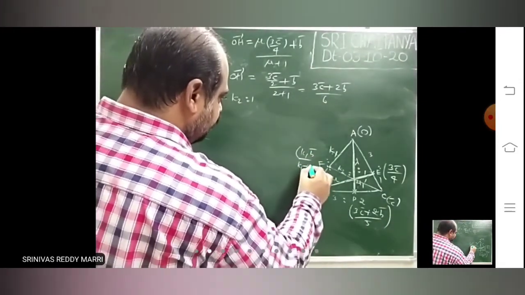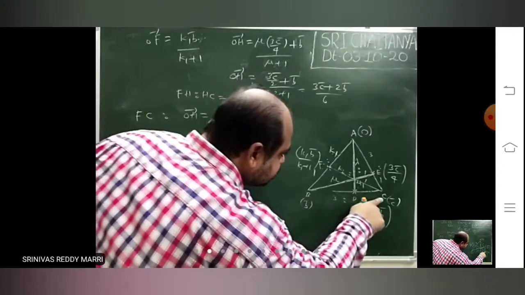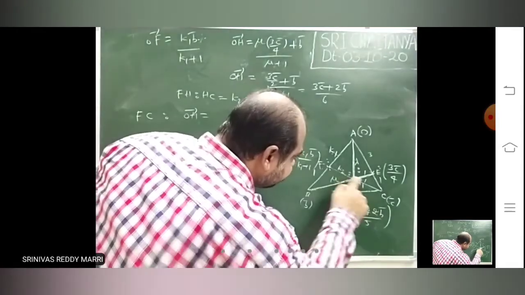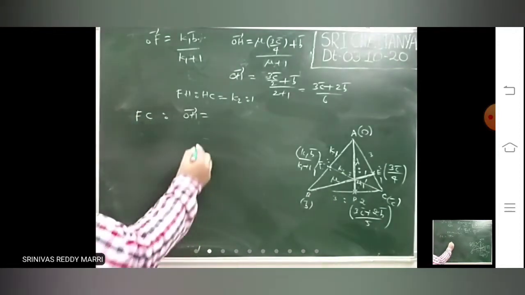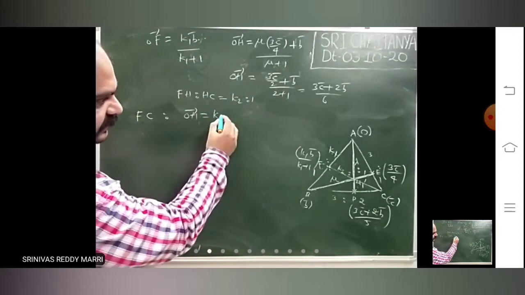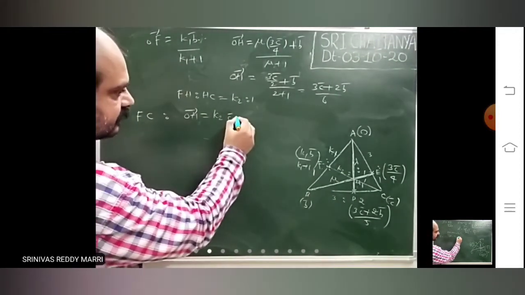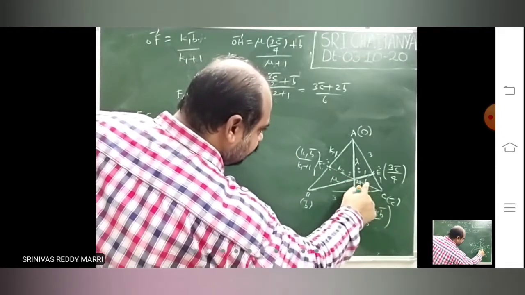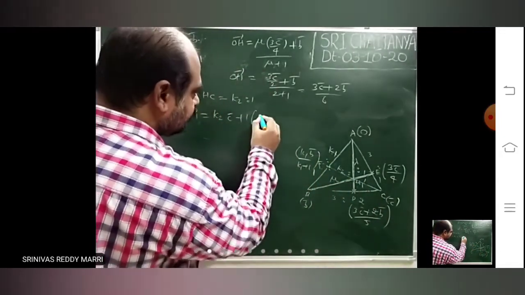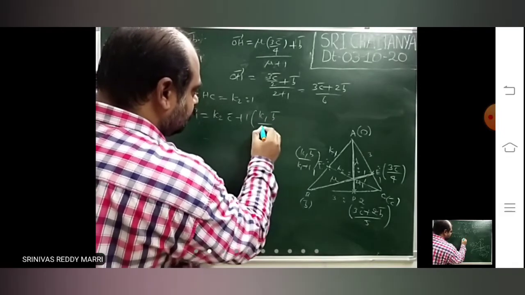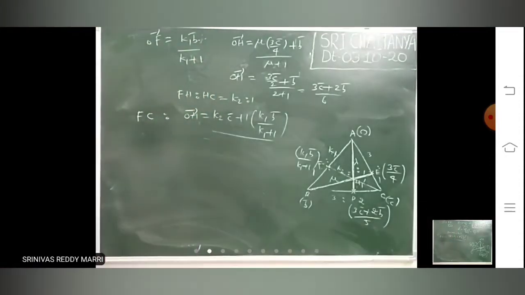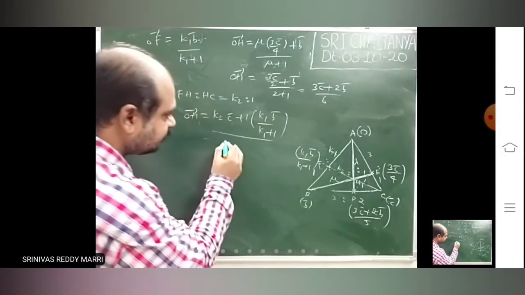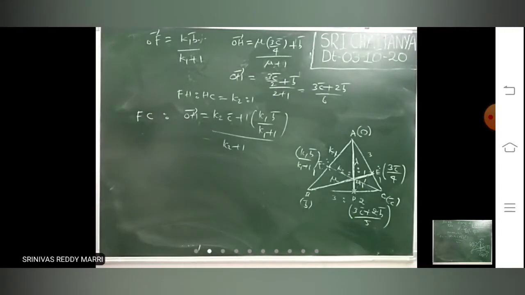K1 B bar divided by K1 plus 1. So this point F you know, and H is dividing in the ratio K2 is to 1. Therefore, from this line, H is nothing but K2 into C bar plus 1 into this, divided by K2 plus 1.